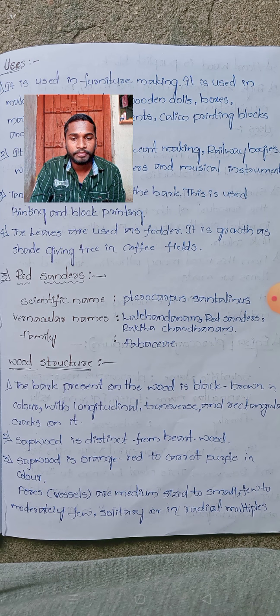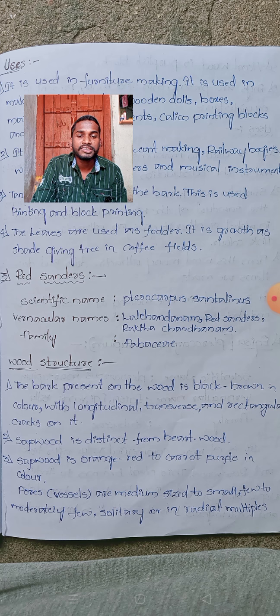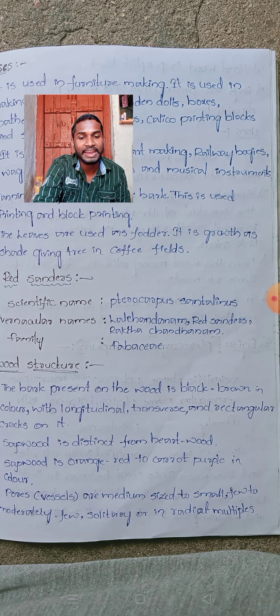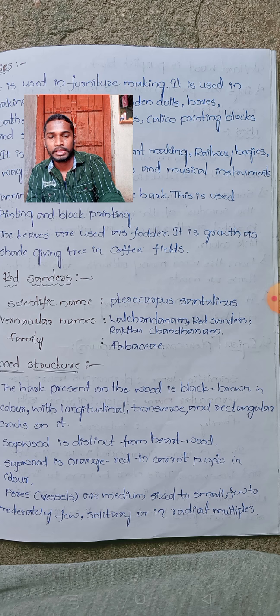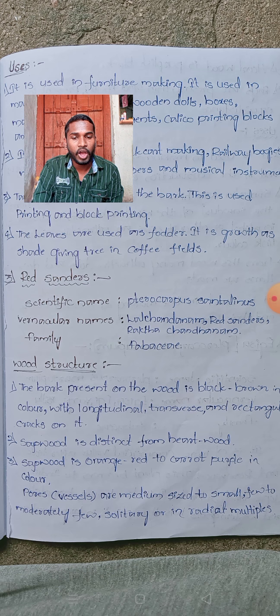The sapwood is distinct from the heartwood. The sapwood is orange, red and carrot purple in color.